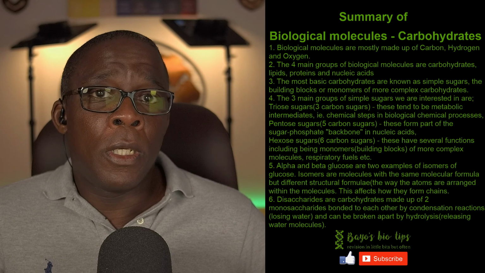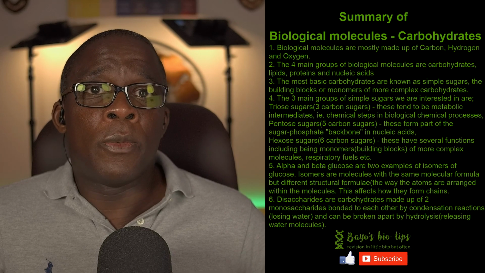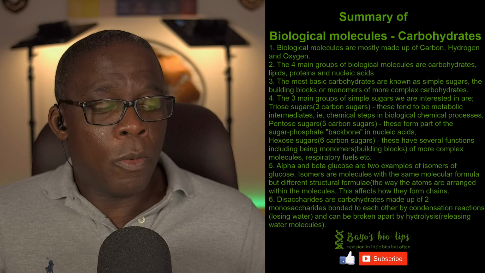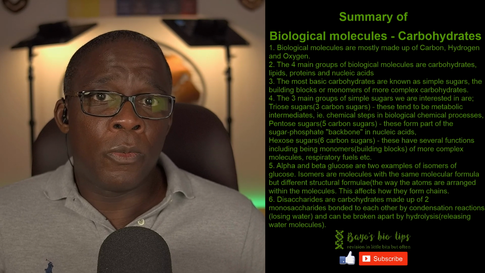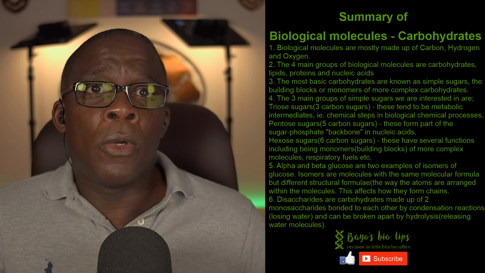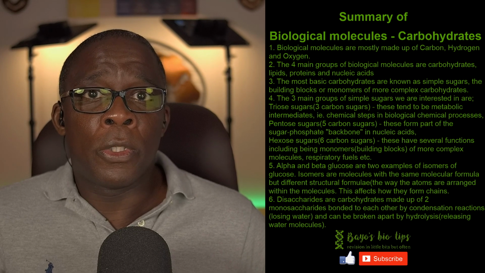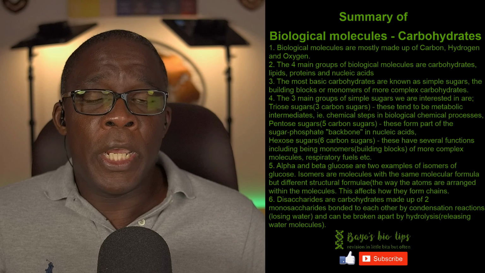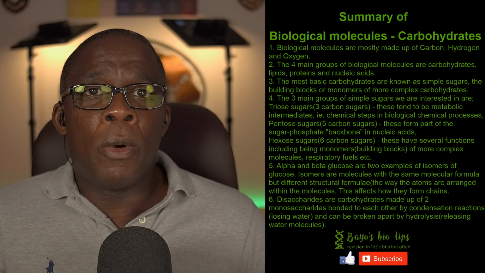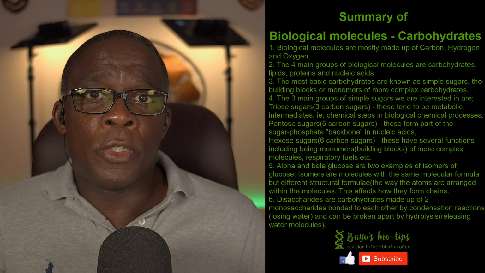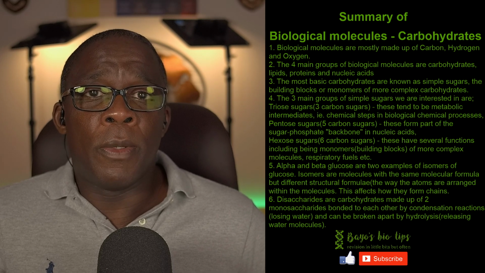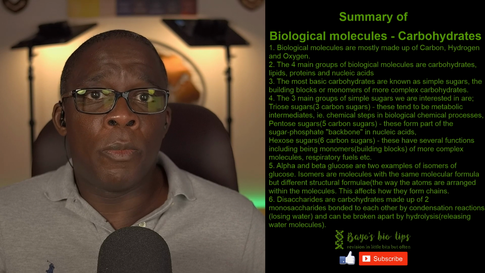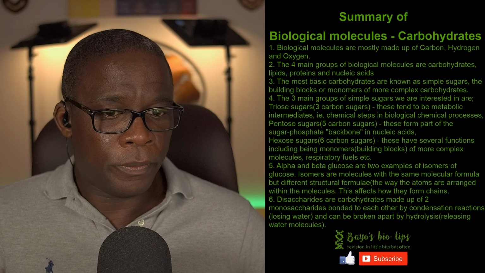Because it means that they have slightly different properties when they form chains. So we looked at an example of that with alpha glucose. When it forms chains, all of the alpha glucose molecules are in the same orientation, the same way up. Whereas when beta glucose forms chains, every other beta glucose molecule flips over. That's going to be very important in the next video when we talk about polysaccharides.